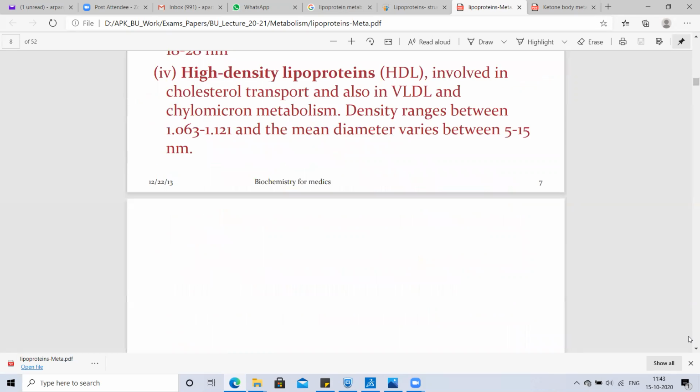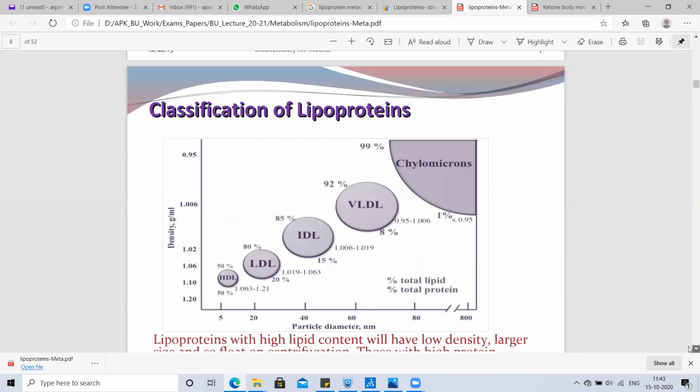Okay, and we can also remember this fact by seeing this graph, which is density versus particle diameter. Please remember that the unit of density is gram per ml, and particle diameter is measured in nanometer.